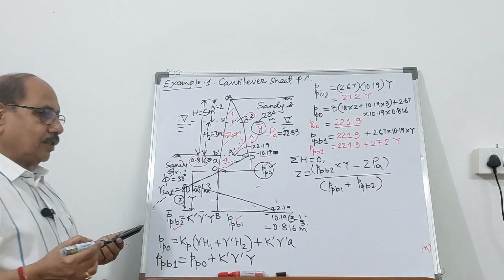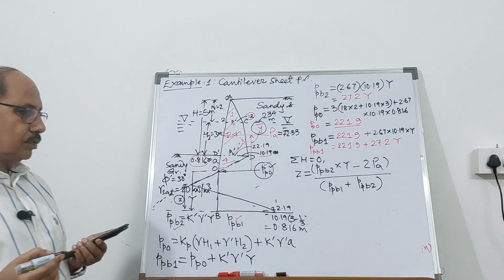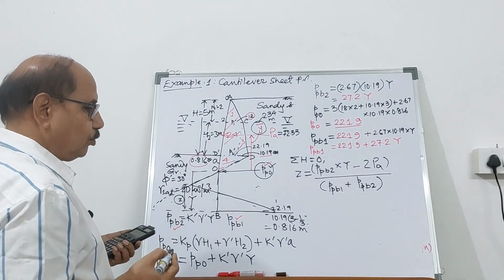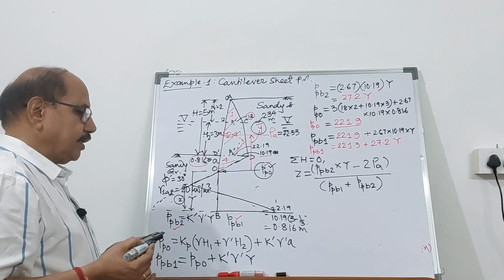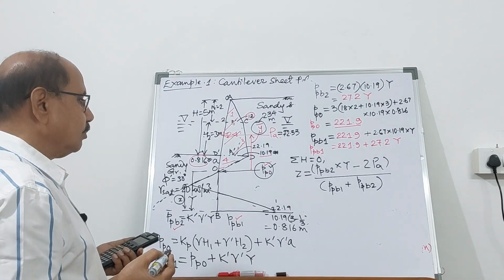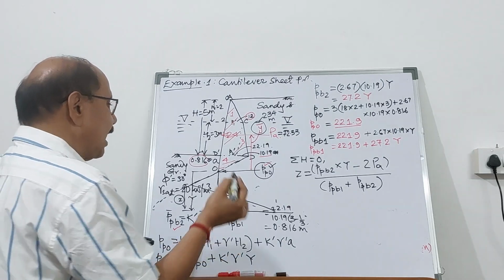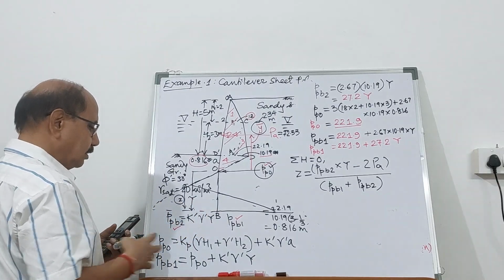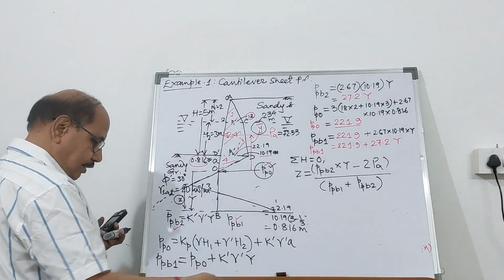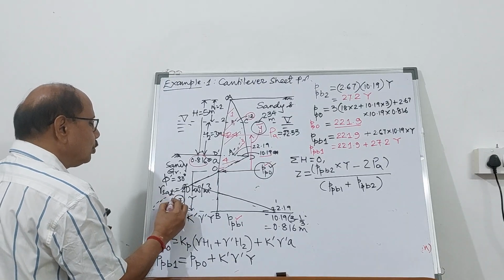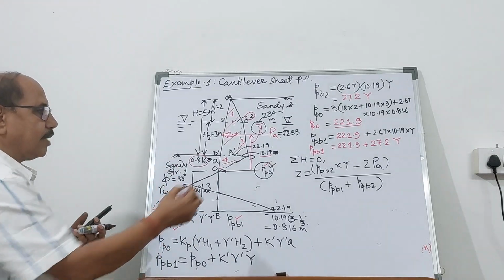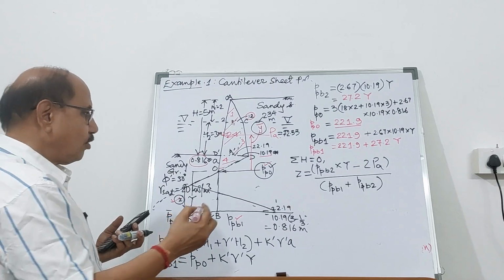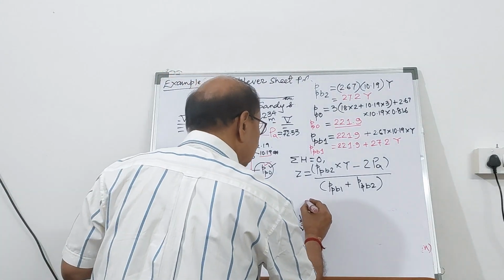So you are going to get this value, PPB2 into y minus 2 times PA divided by PPB1 plus PPB2. In my last video, I have given you that if you equate this sigma h equal to 0, Z can be computed from this. Now it becomes quite simpler.